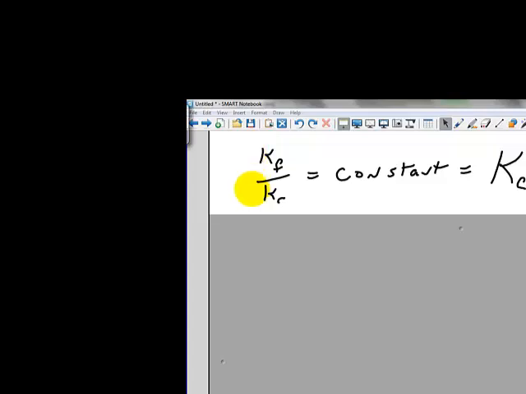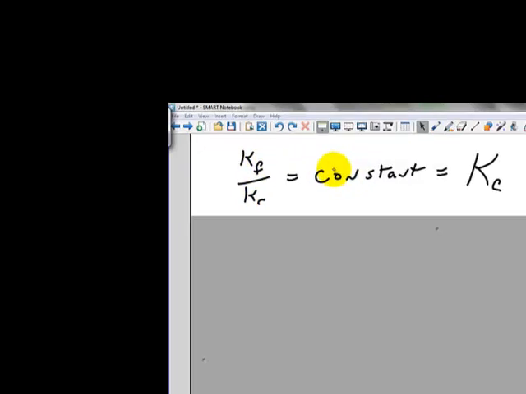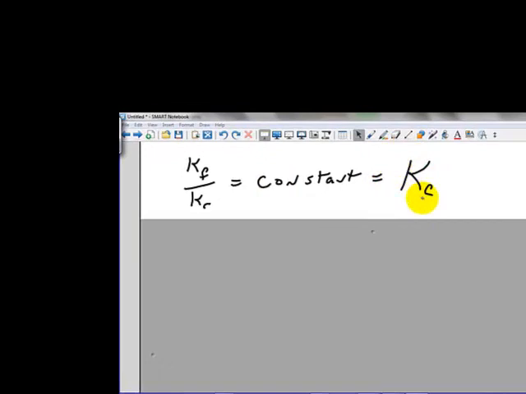The ratio of rate constants, kf over kr, is equal to a constant. We're going to call this constant capital K. This is the equilibrium constant. We're going to call it Kc because we're talking about the equilibrium constant in terms of concentration.